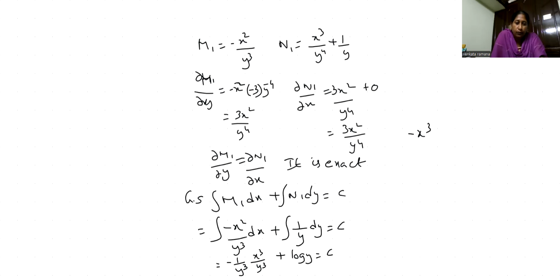So finally we get minus x cube by 3y cube plus log y is equal to c. This is the general solution for the non-exact differential equation. In this video we have discussed both exact and non-exact equations. Hope you all understand. Thank you.